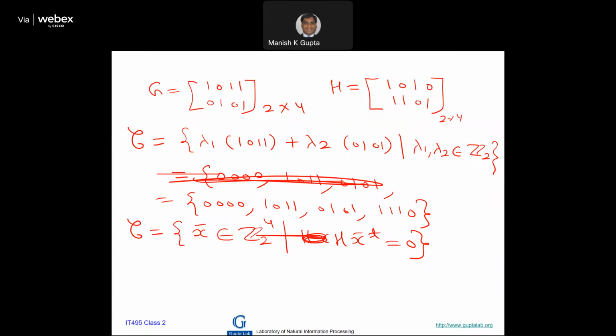So what we need to do, H is given. What we need to find, all those vectors X. So X is unknown, right? So I can call it X equal to X1, X2, X3, X4, which is fine. So essentially, we are getting HX transpose, with H as 1010, 1101, times X1, X2, X3, X4.